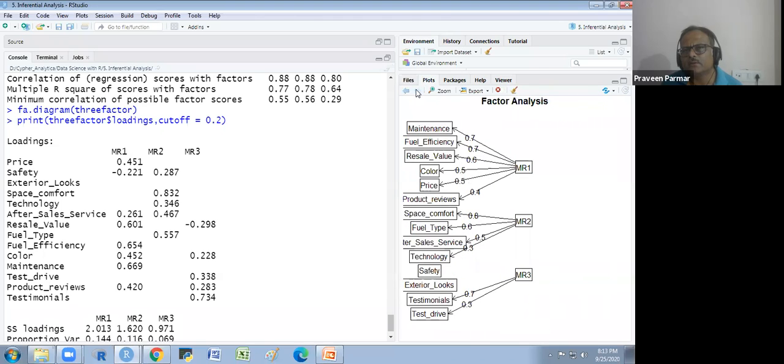Where is safety? It is in MR2, 0.287. Safety is in MR2. And space comfort is 0.832, also in MR2. That is how I have taken the loading cutoff.